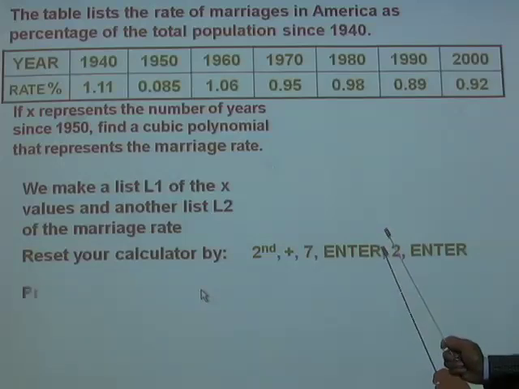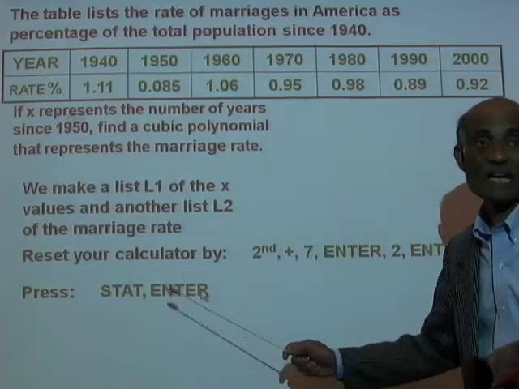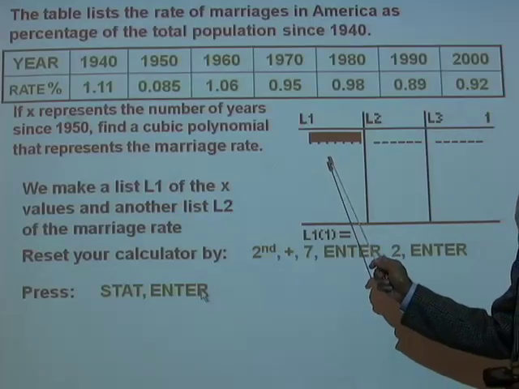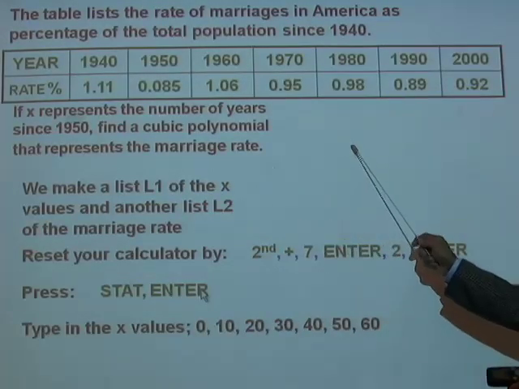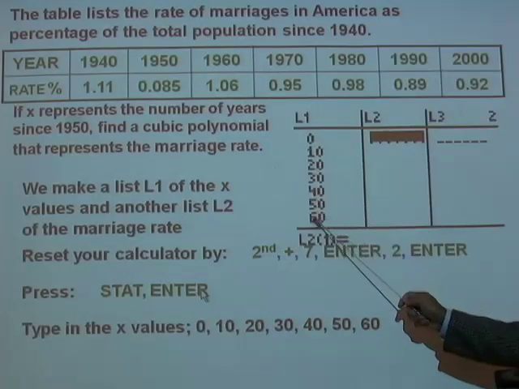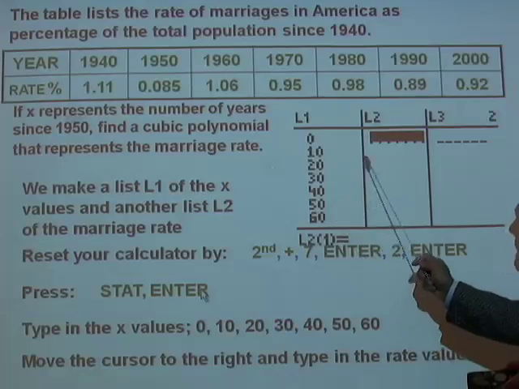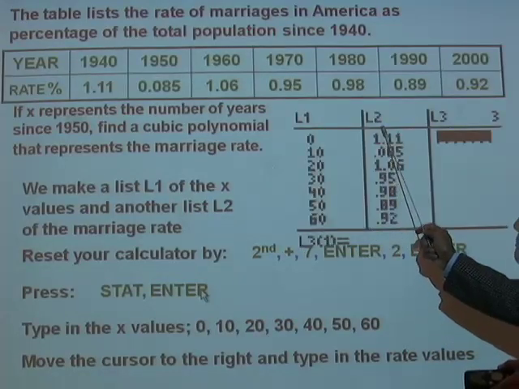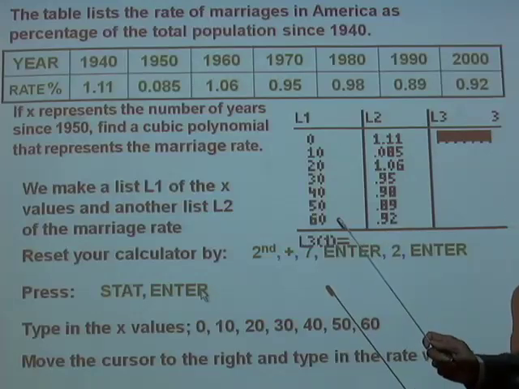Well, if you missed those steps, again, reset your calculator by second plus 7, enter, then type in 2, enter, and then stat, enter, to get the screen, and type in these numbers. There you have the list of numbers, and then press the right arrow to go to the next screen and type in all the rate values.